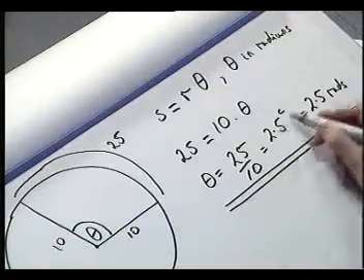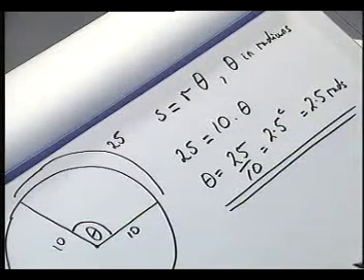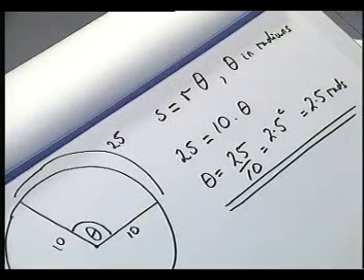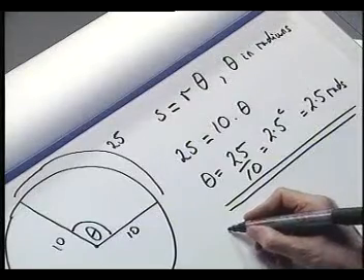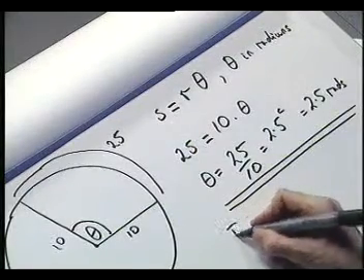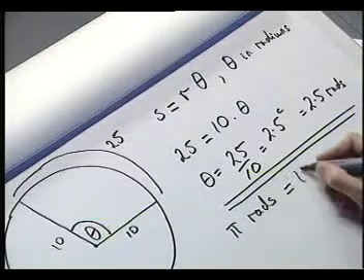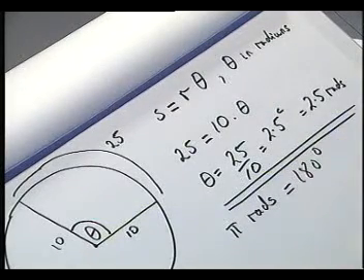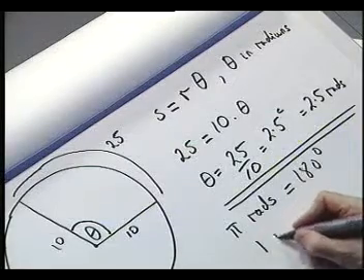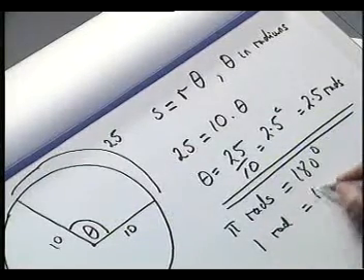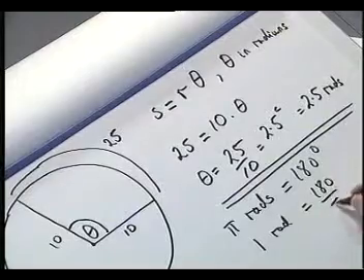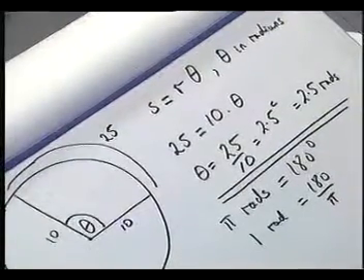What will our angle be in terms of degrees? Well, one way might be to convert this answer here, this 2.5 radians, into degrees. Now let's remember that we had pi radians was 180 degrees. So 1 radian was 180 divided by pi degrees.